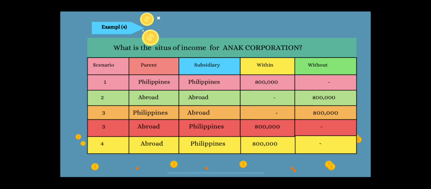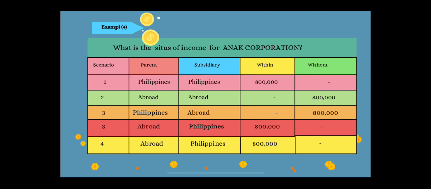So we have another example: what is the status of income for the ANAC Corporation? For scenario 1, we have the parent in the Philippines and the subsidiary in the Philippines. So it belongs to within the Philippines and the amount is 800,000. For scenario 2, we have the parent abroad and a subsidiary abroad.